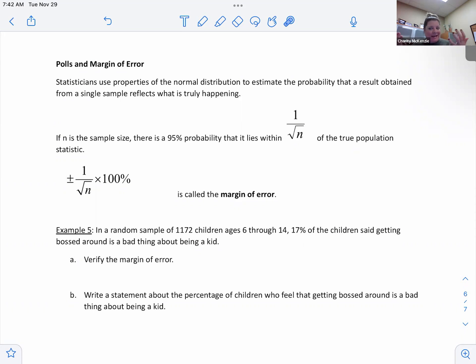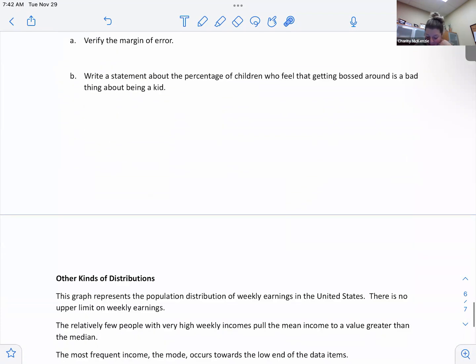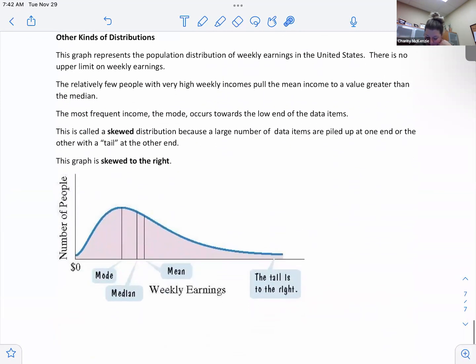That's how stats is, right? So this helps us calculate based on the number of samples. If I only ask 5 people if they like math, it's not going to be a real good sample versus 200 people. So my margin of error for 5 people versus 200 is different.